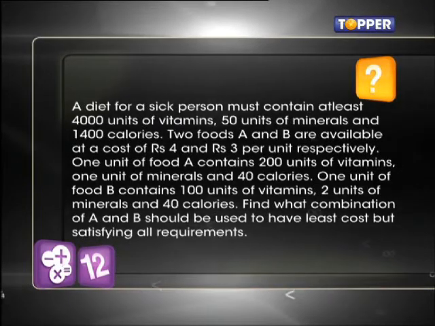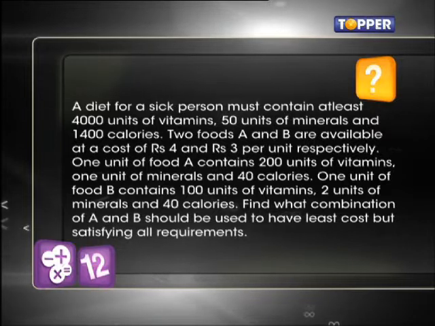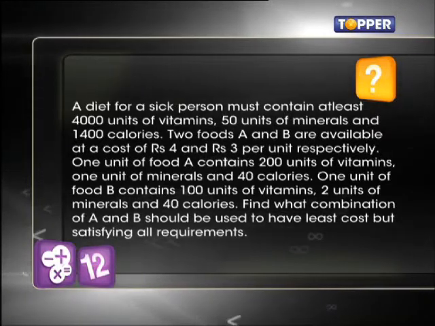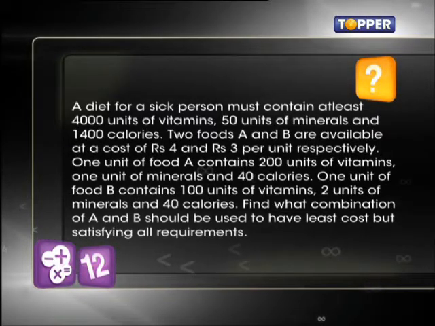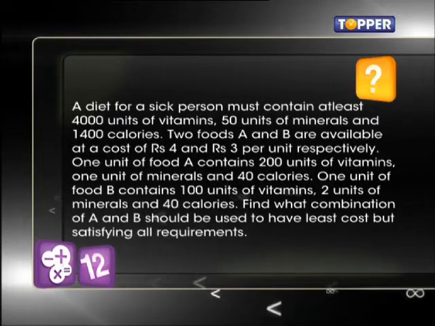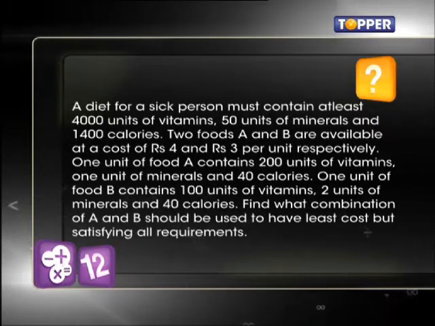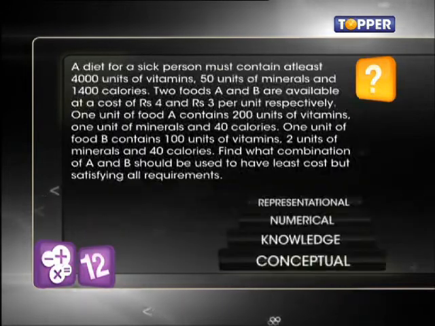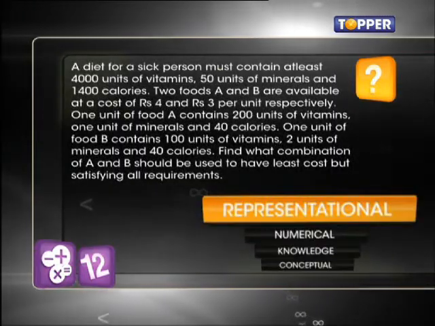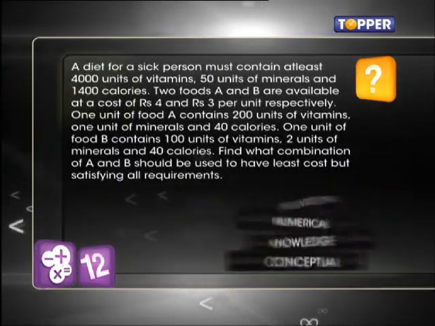For solving this question, we first have to formulate the linear programming problem and then plot the inequalities on the graph accurately. This will give us the feasible region. Primarily, your representative ability is being used and put to test in this question.